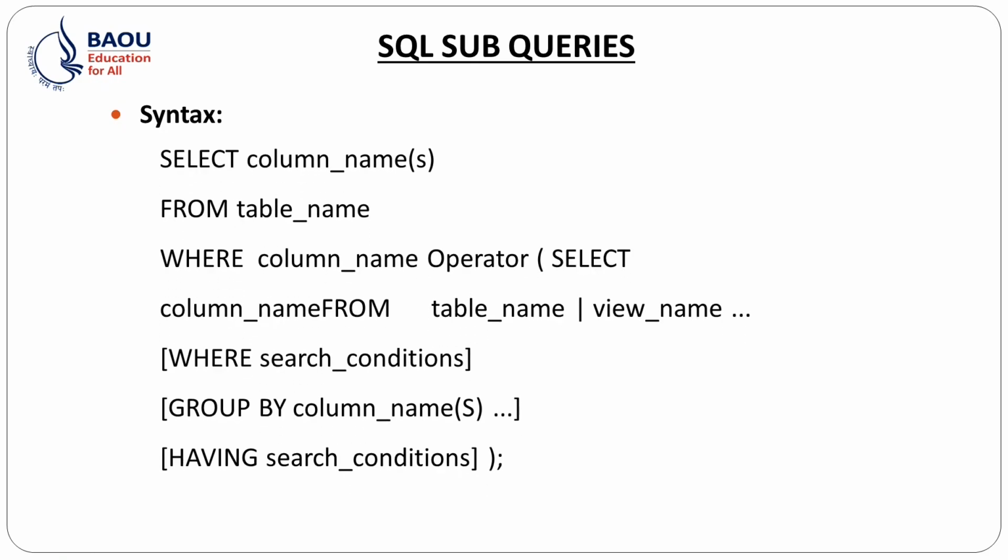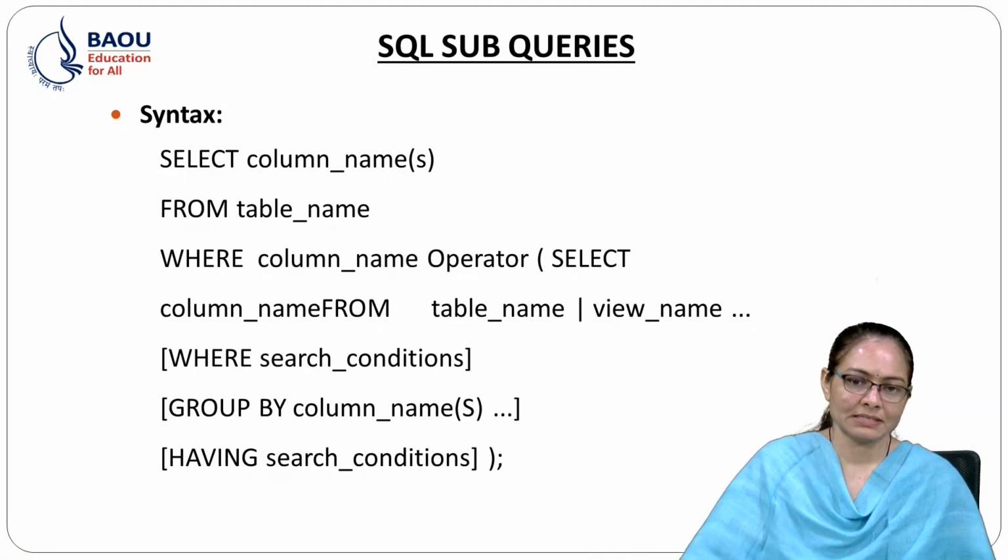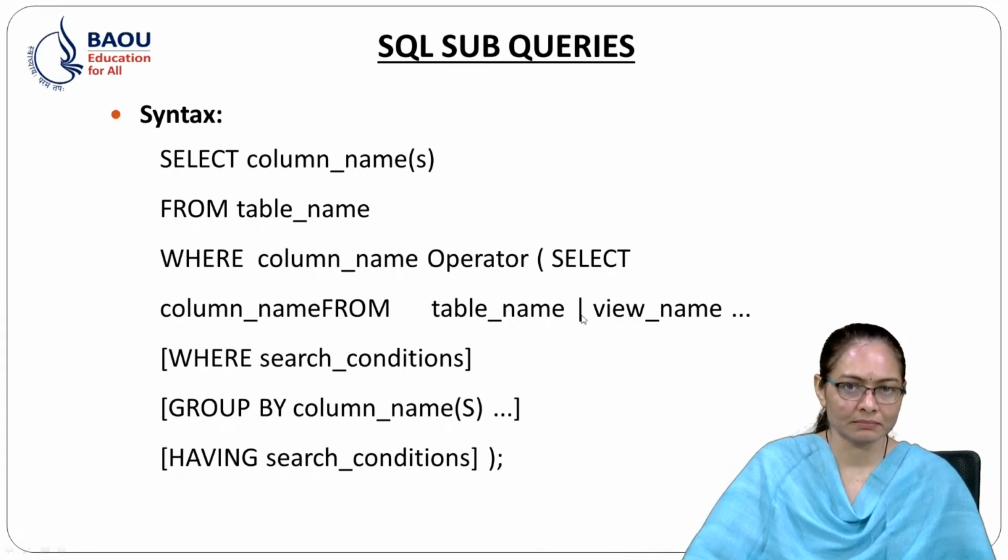Now, see the syntax of the subquery: select column names from table names where column name, then operator. In the brackets, select column name from table name or view name. We will learn about views in a next session.